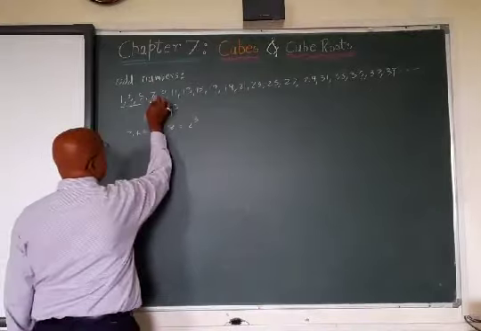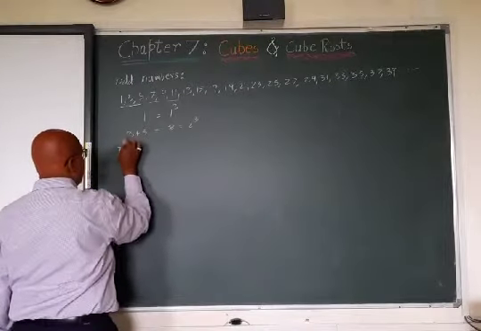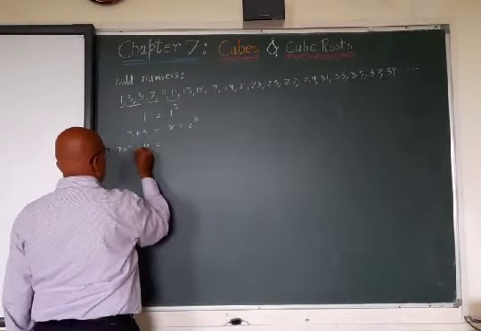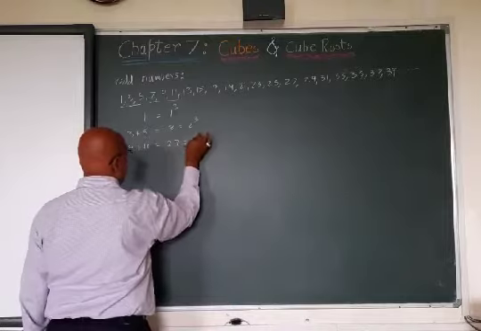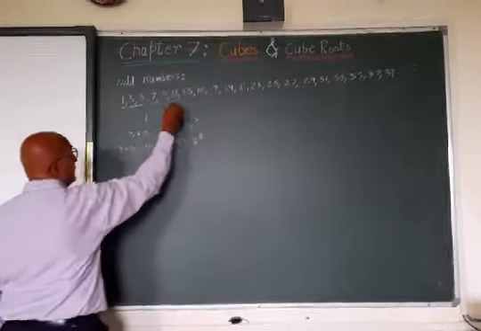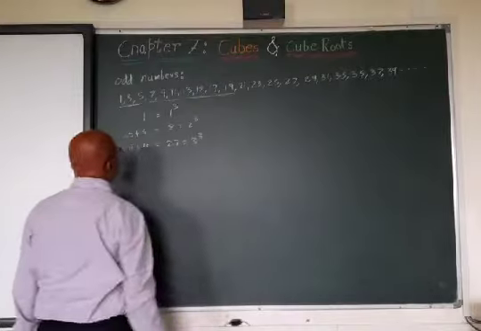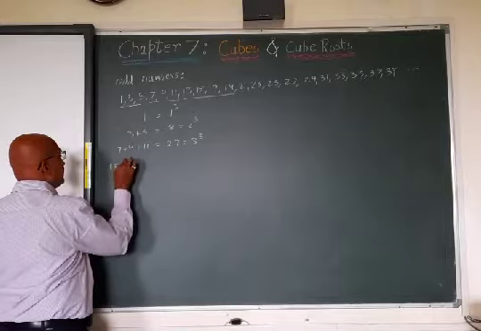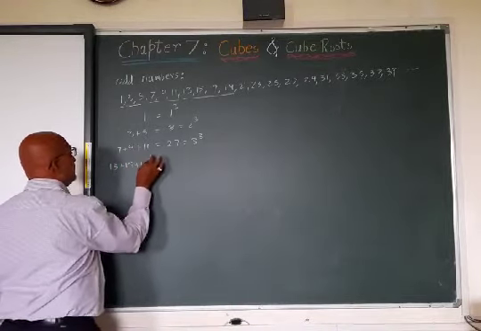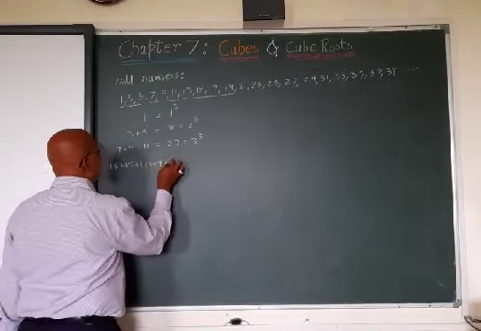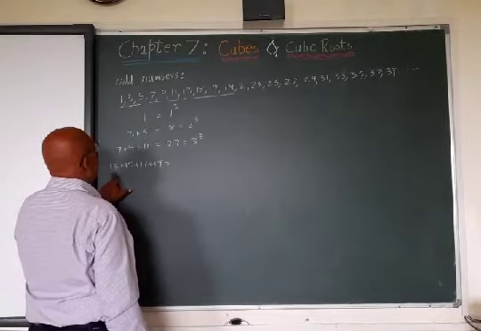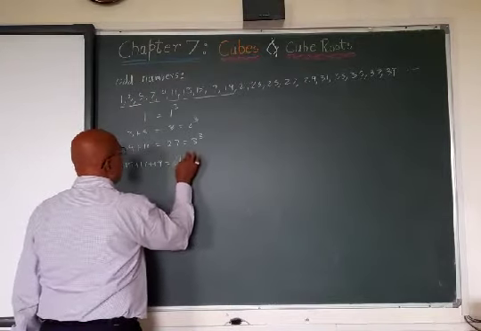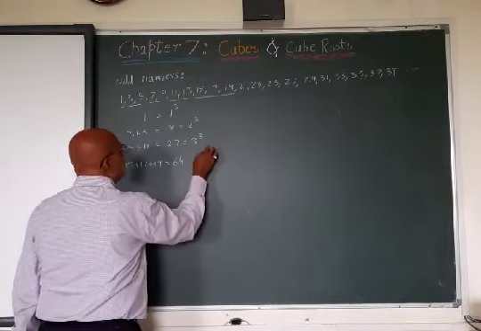Then I will take the next 3, that is 7 plus 9 plus 11 equal to 27, which is 3 cube. Then I will take the next 4, 13 plus 15 plus 17 plus 19. It gives 40, 50, 60 and 4, that is 64, which is 4 cube.